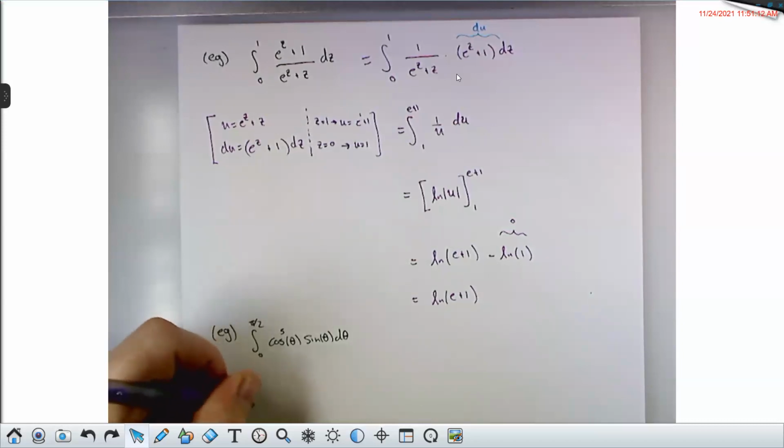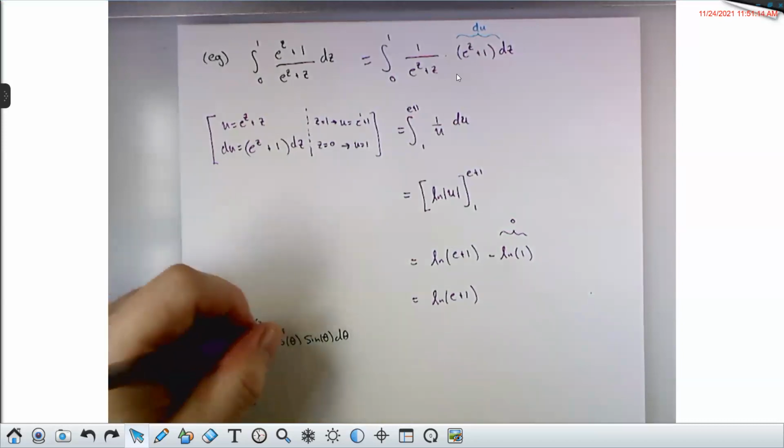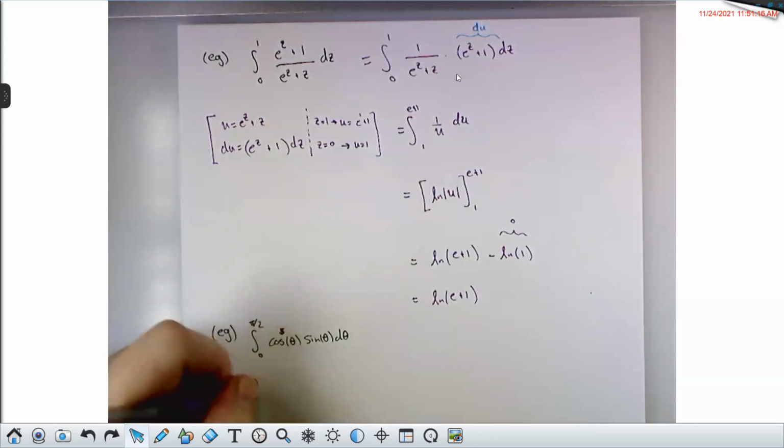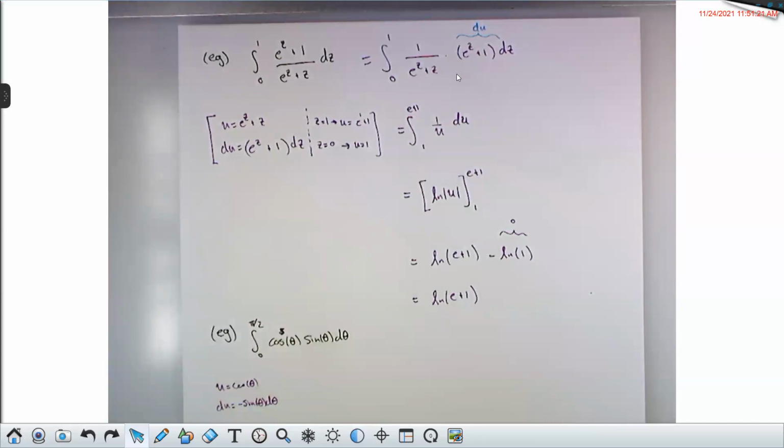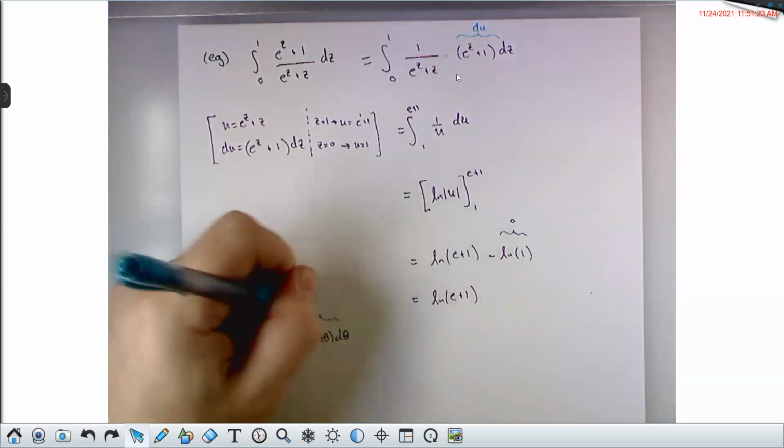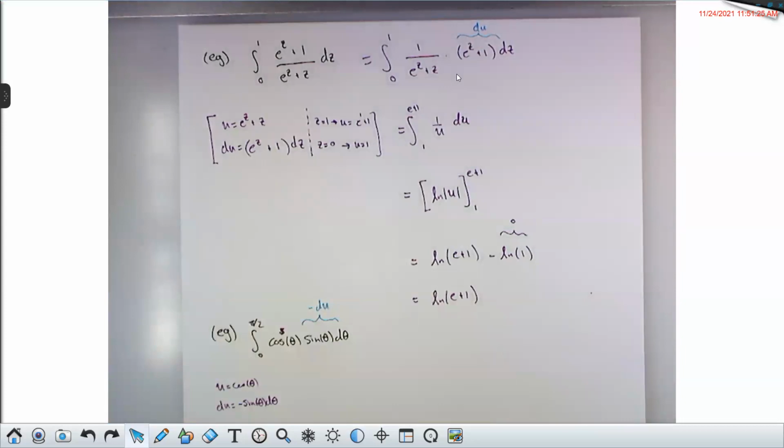Is that a 2 or 5 above the cosine? 5. Oh, okay, cool. Sine theta d theta. Because I can immediately recognize this as negative du.